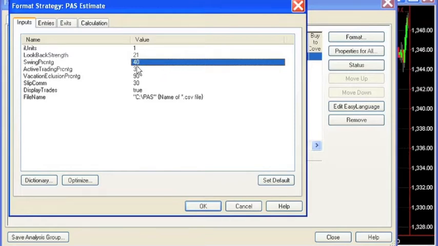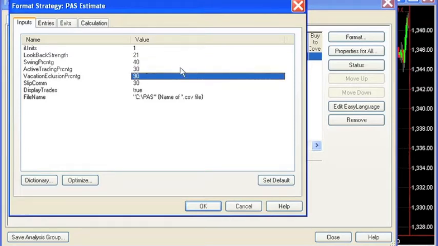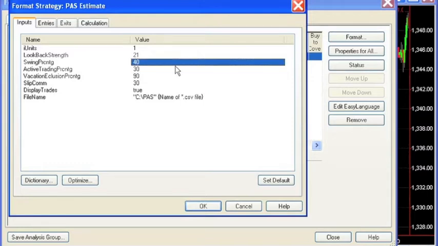And what the software is going to do then is multiply these to get our final percentage. So the first percentage you're going to want to estimate is between each of the swings, from the high-low to the low-high. On each of those swings, roughly how much do you think we can capture? We're going to estimate that 40% of the points between swing lows and swing highs can be captured.